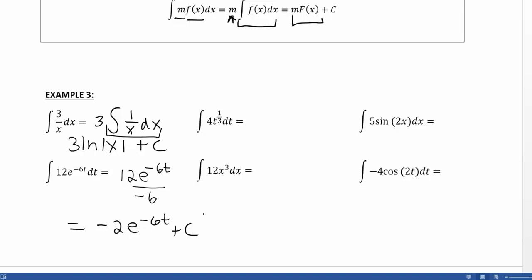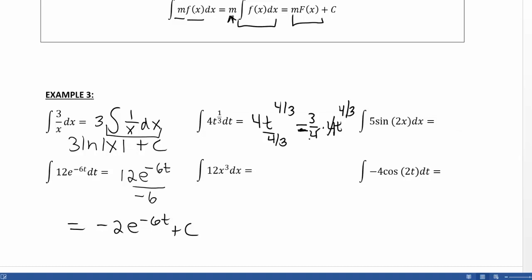The next one, we have 4t to the 1/3. So again, we're using our power rule. We're going to add 1 to the power and divide by the new power. So here we have 4t to the 4/3 divided by 4/3. But we don't want to divide by a fraction here. So instead, we're going to multiply by the reciprocal. So we have 3/4 times 4t to the 4/3.